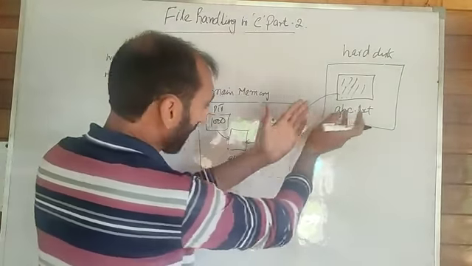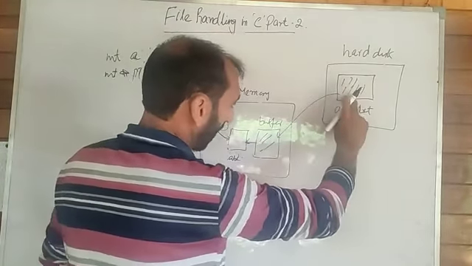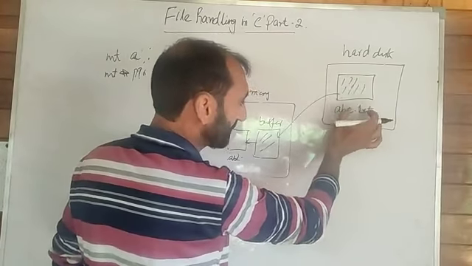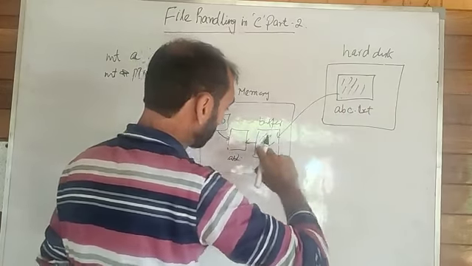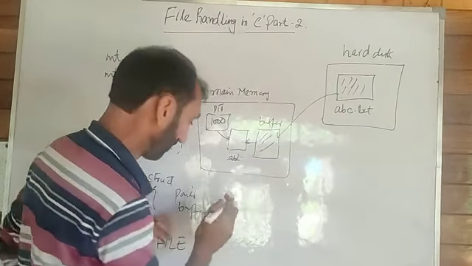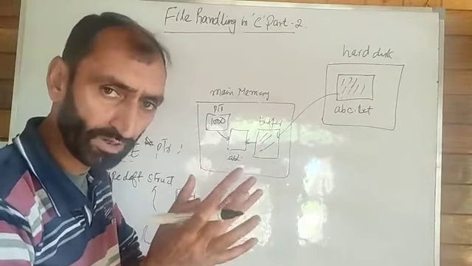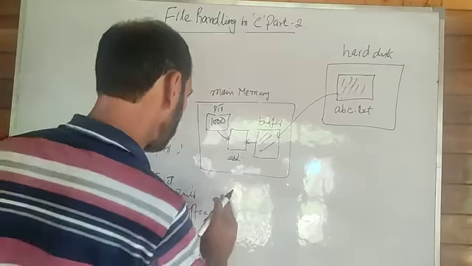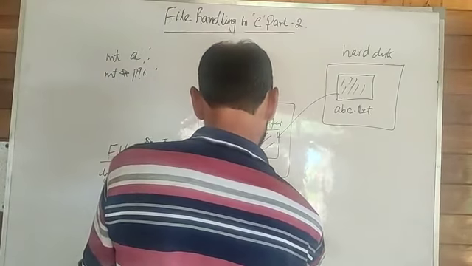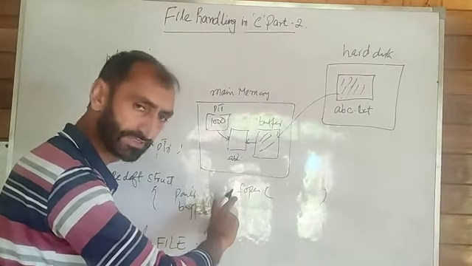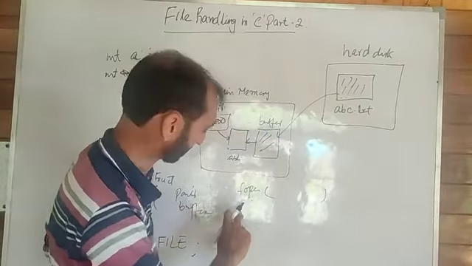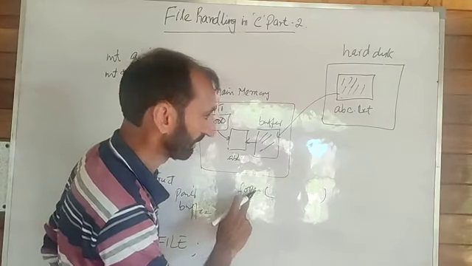So here, first of all, what is happening? The copy of this data, abc.txt, is going to be loaded into this buffer. And how? There is a function, fopen. Fopen, as the name suggests, is file open.